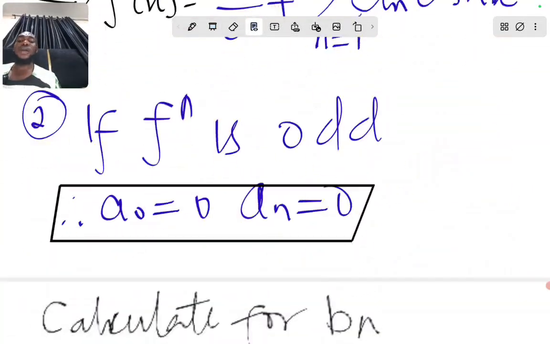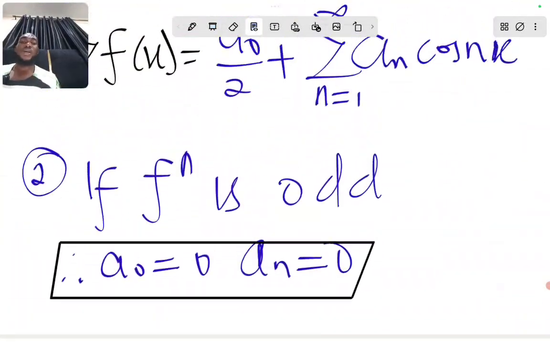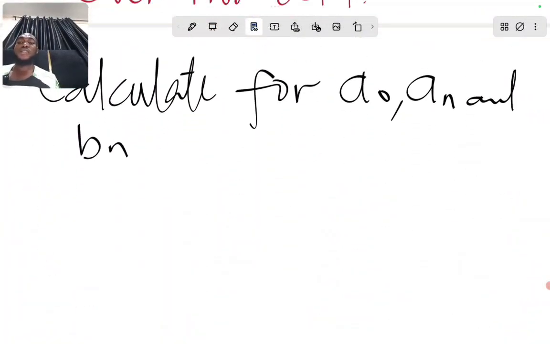Now let me write it out as our Fourier series.